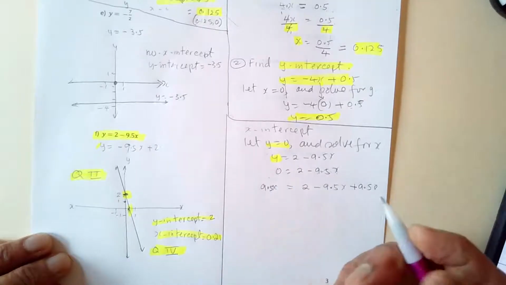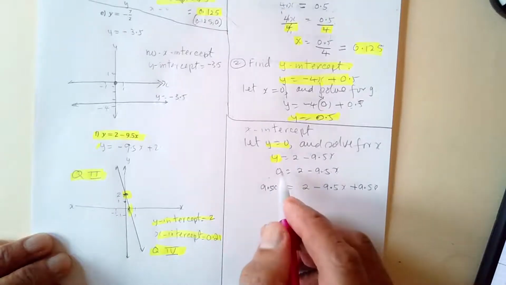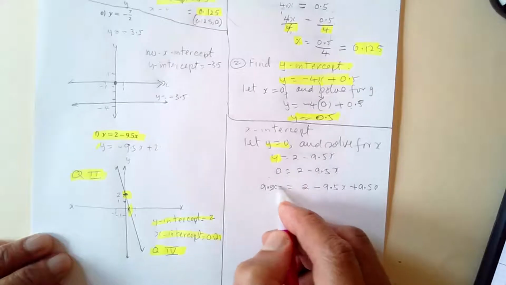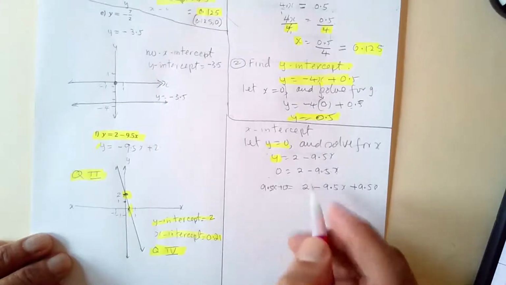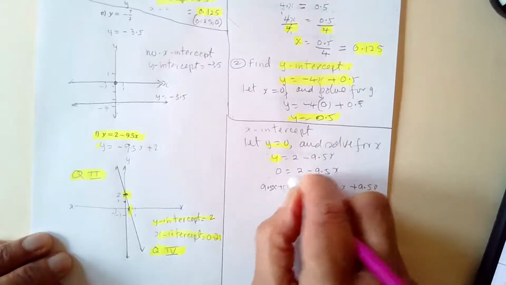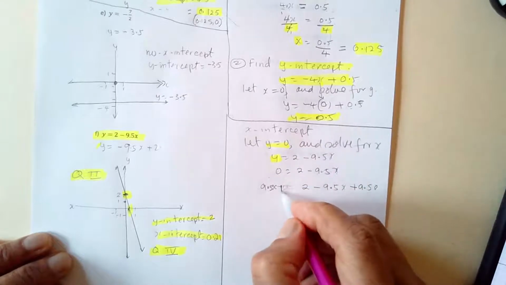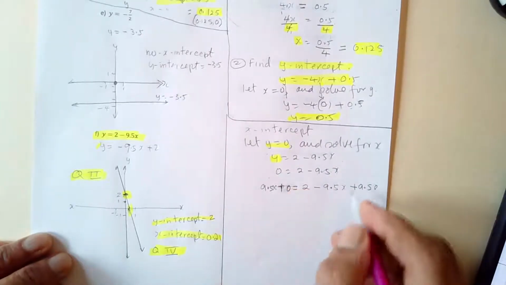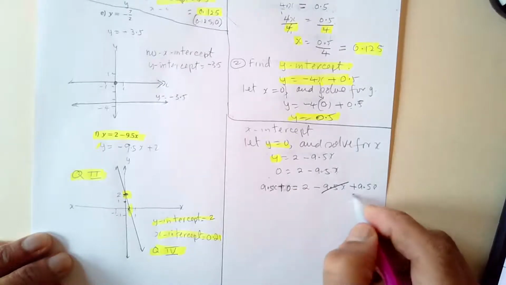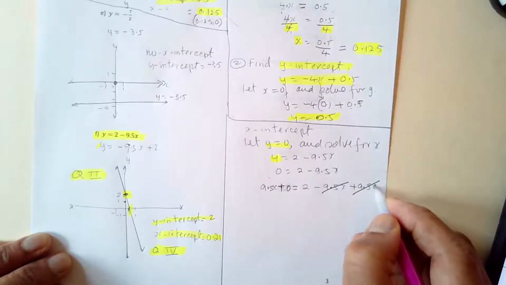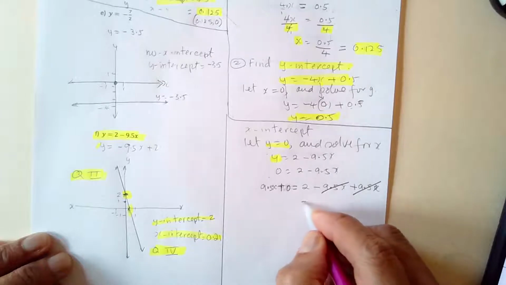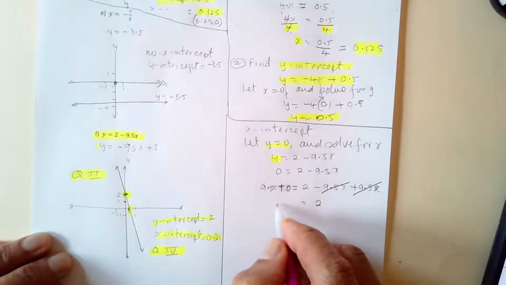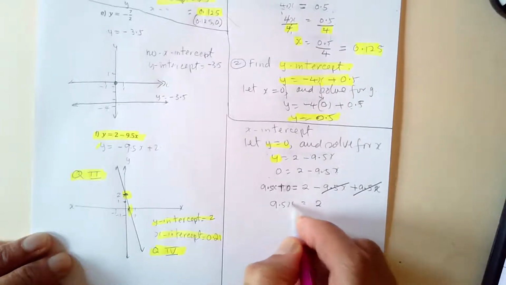Now the 0 doesn't have any value in this case, but we can put 0 in here, so that we're acknowledging the 0 is there. So negative 9.5x plus 9.5x gives you 0. So I have 2 on the right side, and on the left side, I have 9.5x.